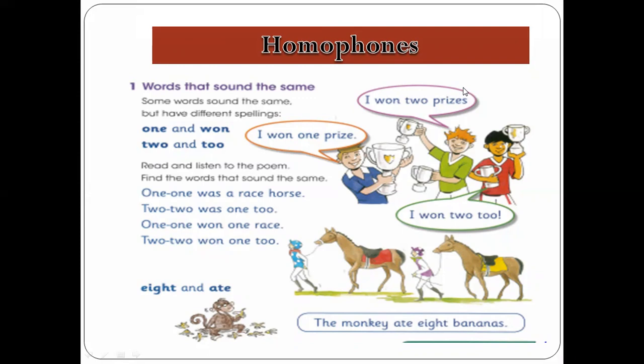One, won, two, too. Eat, at. These all are homophones. Those words which have the same sounds but different spellings and meanings. Okay, such words are called homophones.